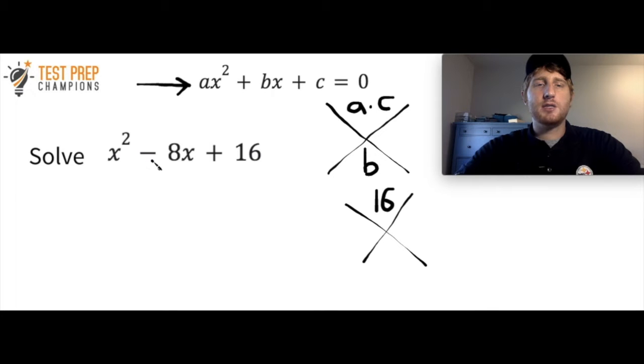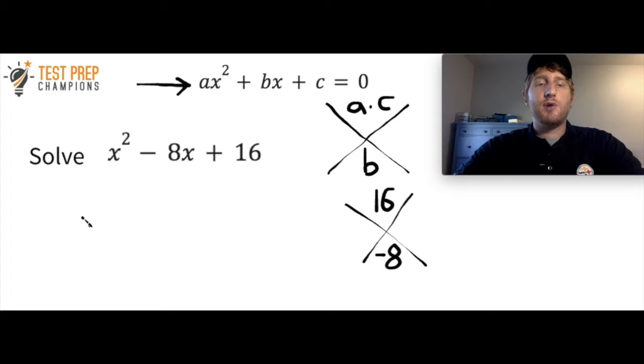The b is simply negative 8. So you might be wondering, what's going to go right here and here? Well, that's the part we're getting to. The idea is that we need to find two numbers that multiply together to give us 16, but the catch is that they have to add together to give us negative 8.